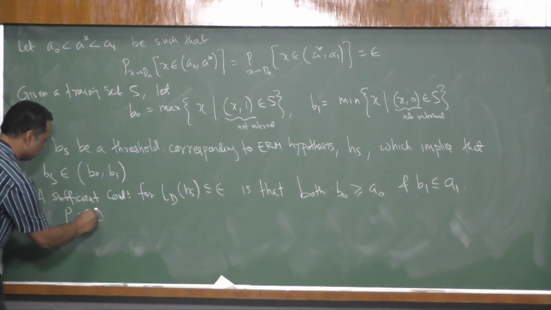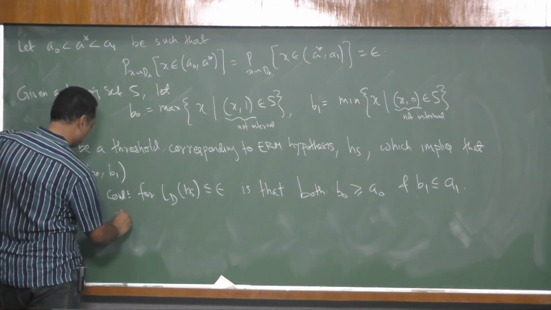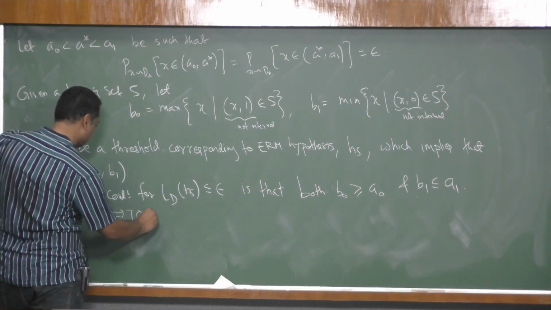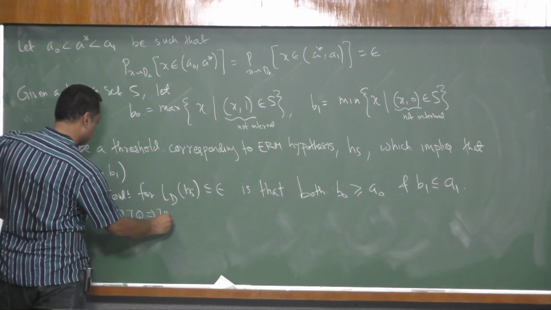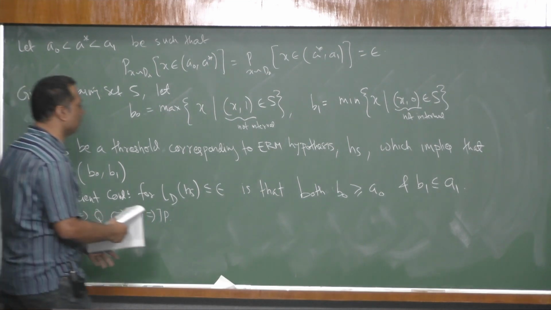P implies Q, then contrapositive, not Q implies not P. So this is the equivalent statement as not Q. So this is like a proof technique, right? Not Q implies not P. So here we are saying that if both B naught greater than equal to A naught and B1 less than equal to A1 implies LDHS less than equal to epsilon. So this is our P and this is our Q, right?